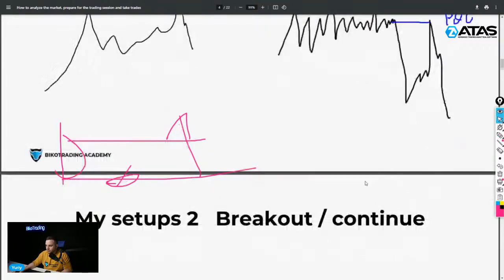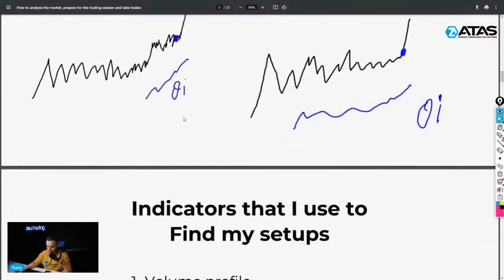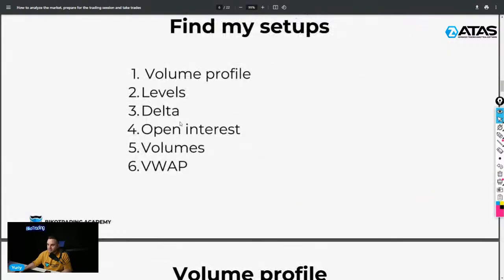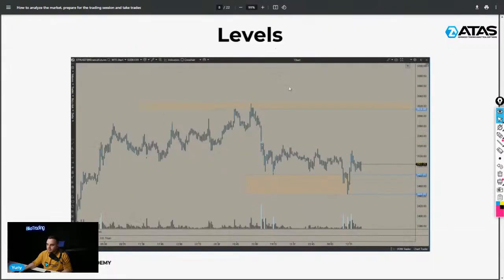And also breakout from value. In these cases, we look for value, and after that, if price squeezes into the high or low of value with a rise of open interest, we look for a breakout. I will show you quite a lot of examples of each of these parts. That's volume profile.